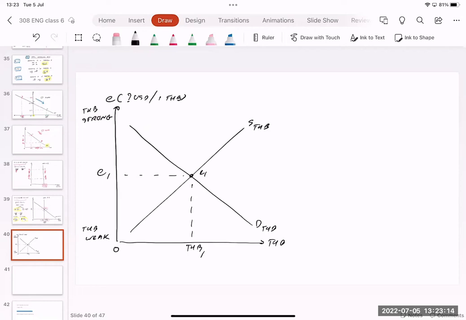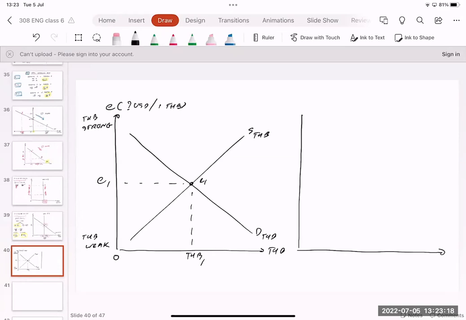And then you have the graph showing the real exchange rate. On the horizontal, you have NX and NCO. On the vertical, you have the real exchange rate, epsilon. You have NX and NCO.